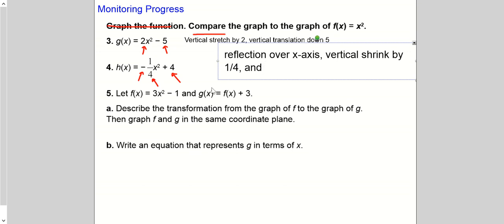And what does the plus 4 do? Which direction? It's a plus 4. Up. Good. Up 4.